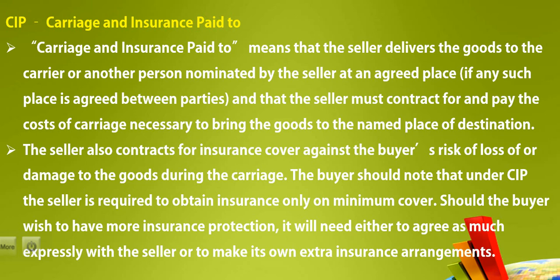Understand that? In CIP terms, the seller should be paid for the insurance and cost to the destination price. The destination price can be agreed between the two parties. But in the case of insurance, the level of insurance paid for by the seller is the lowest level, for example ICC.